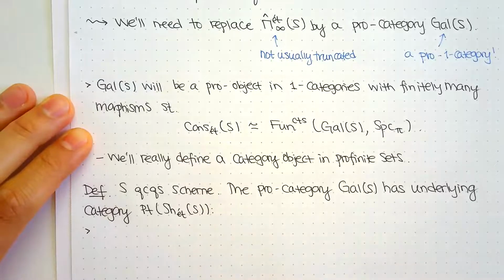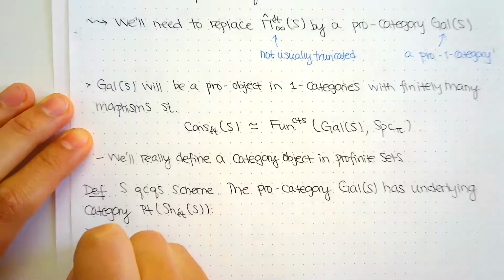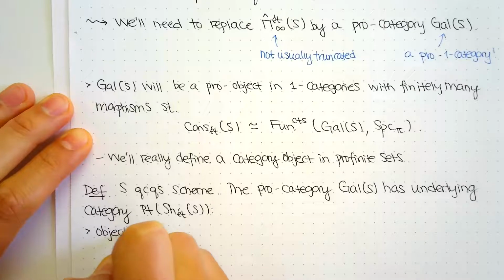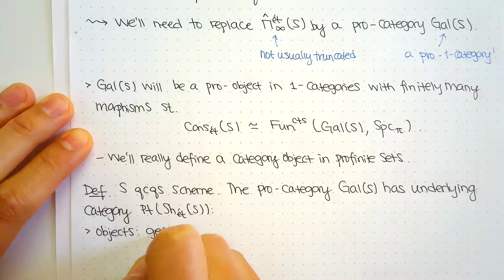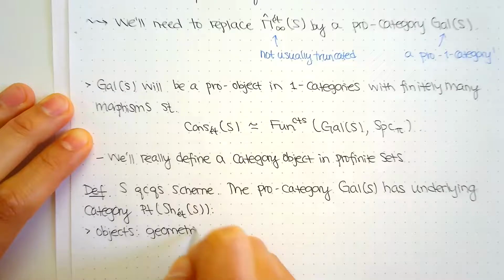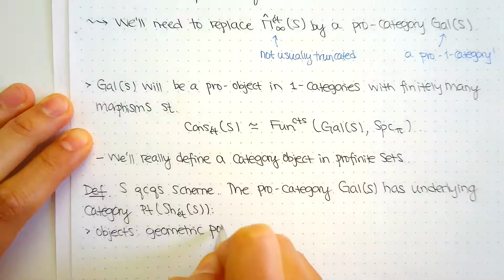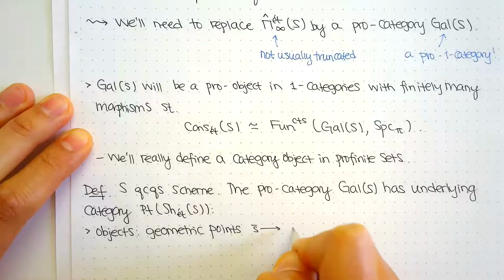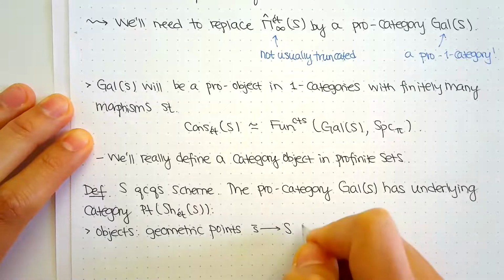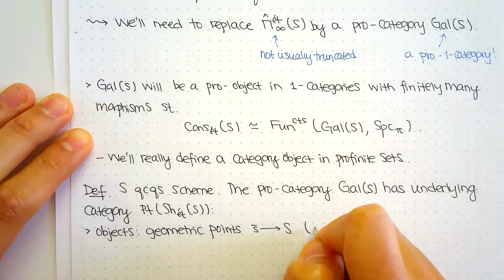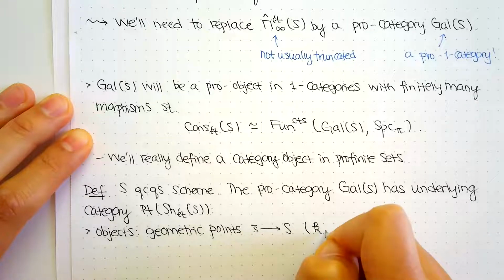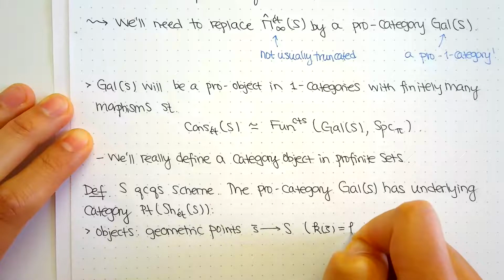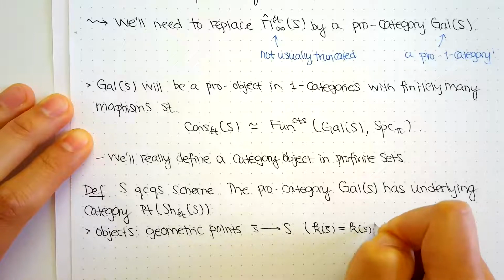Its objects are geometric points S bar to S. By this, I really mean that the residue field of this S bar is going to be a separable closure of the residue field of its image.